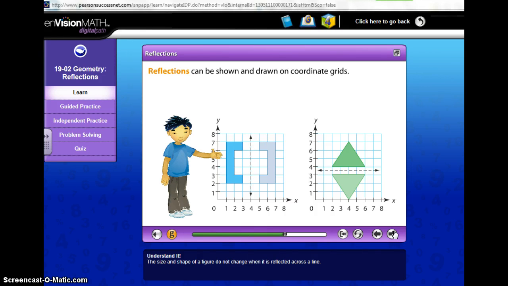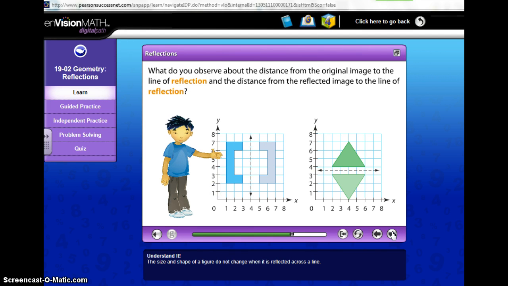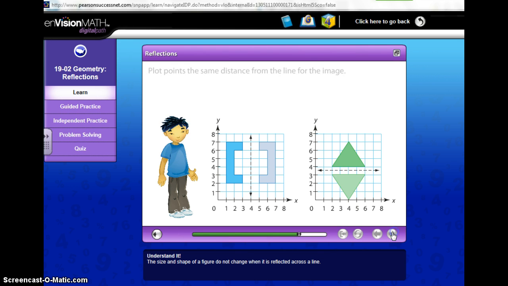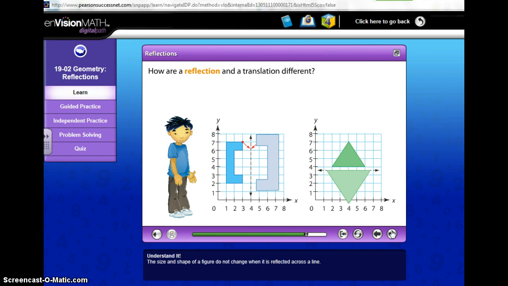Now, if that focus line was this way, then it would be different. What do you observe about the distance between the original image and the line versus the new image and the line? They are the same. Plot points the exact same distance from the line for the new image.